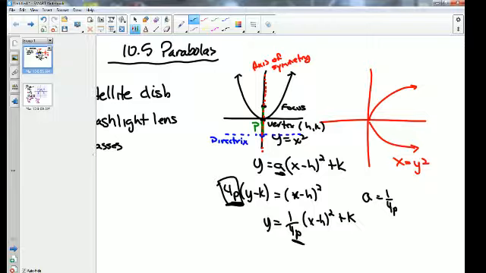In real life, what would the sideways version be used for? Basically, it's wherever you want to position your parabola. Like, if you want your satellite dish to be vertical, probably not. Most of them are tilted, right? But here's something really cool.